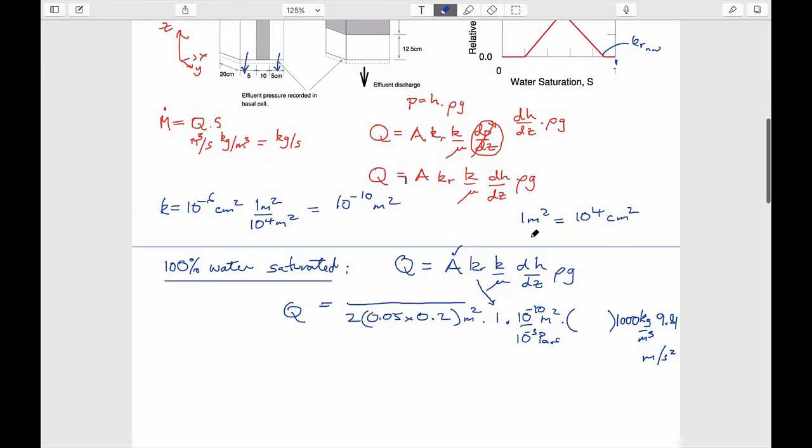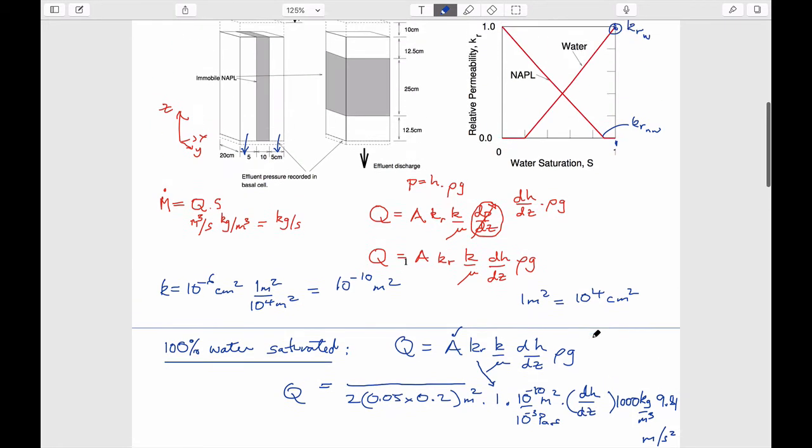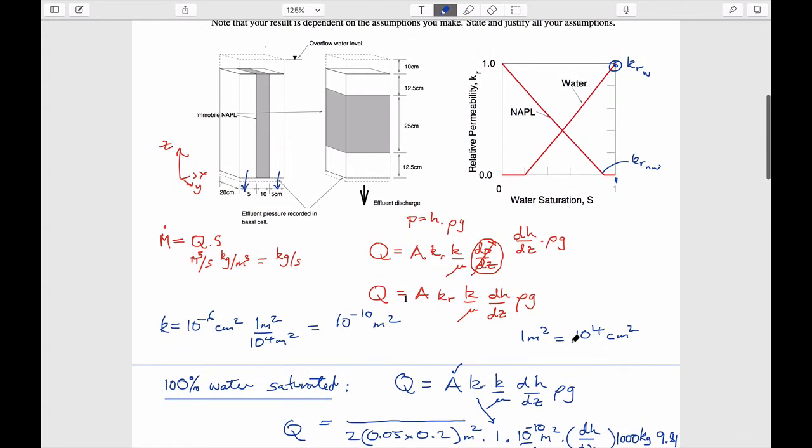And so what is the head gradient that we need in here? It's the change in head that occurs over a length. And if we were to look at exactly what that would be, then what would that magnitude be here? So the flow is occurring between this point here and this point here.